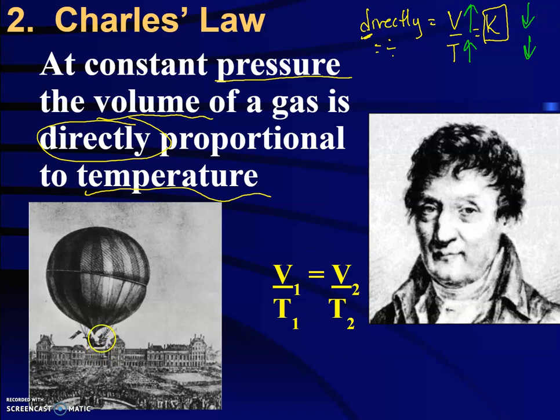All right, and this is obviously seen in hot air balloons. Hot air balloons are going to have air inside a balloon and we are going to heat it up. So if temperature goes up, the volume goes up, and you are going to see that it's going to be less dense. So what is our balloon going to do?